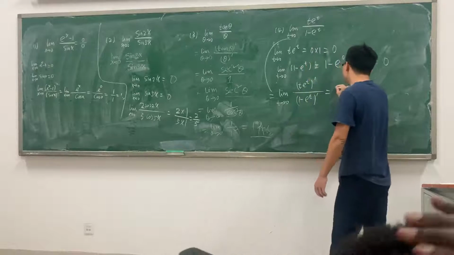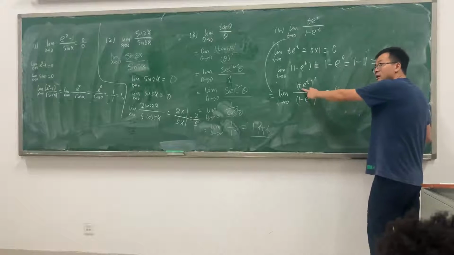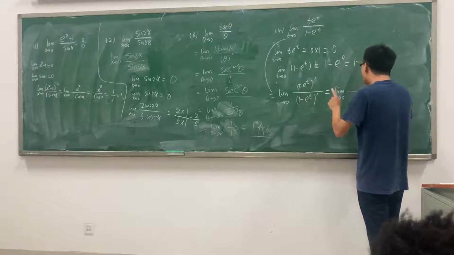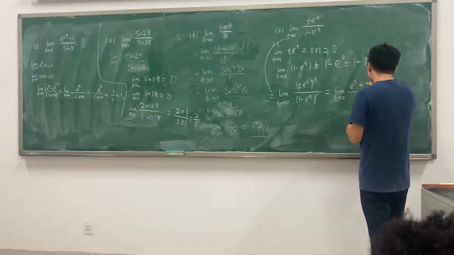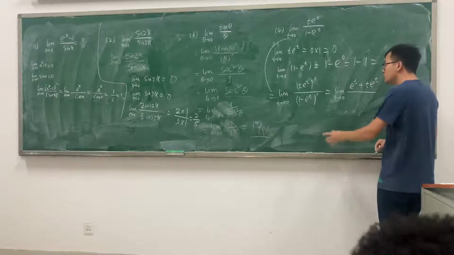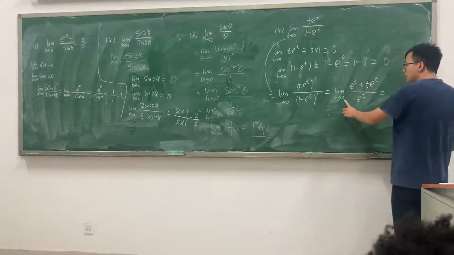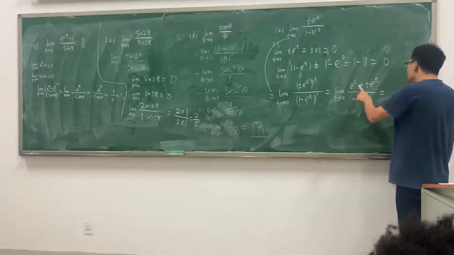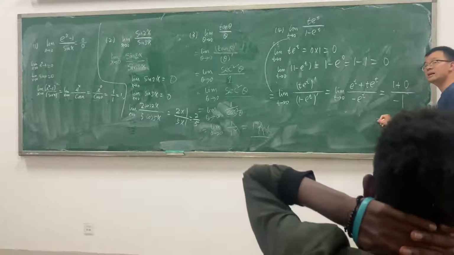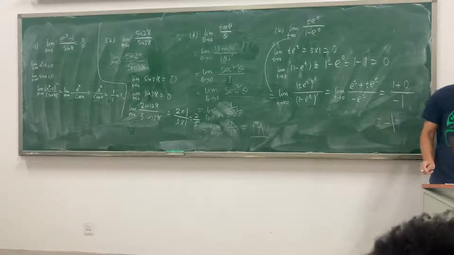The derivative of t is 1, so 1 times e^t plus t times e^t, and the derivative of e^t is e^t, so the denominator is minus e^t. As t approaches 0, we get 1 plus 0 divided by minus 1, so the result is minus 1. I think it's easy, okay?